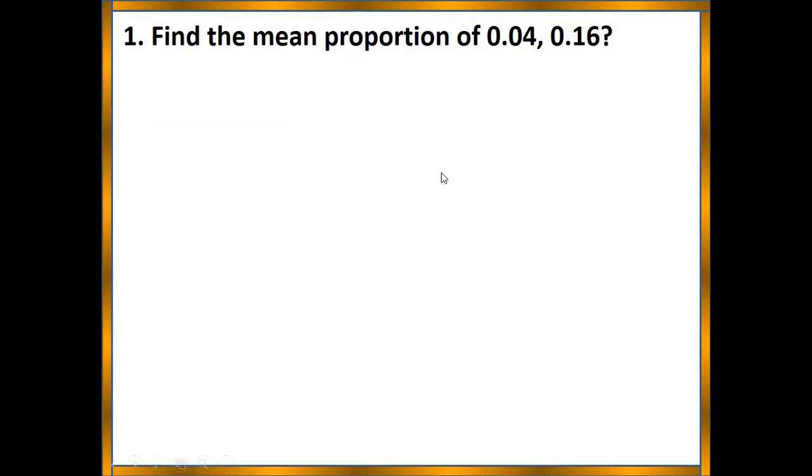So what is the mean proportion formula? It is not the correct answer, Adarsh. The mean proportion of A comma B is root AB.